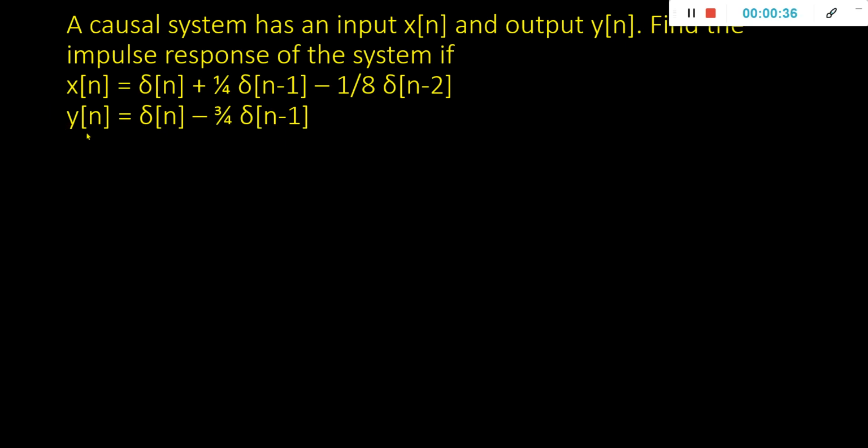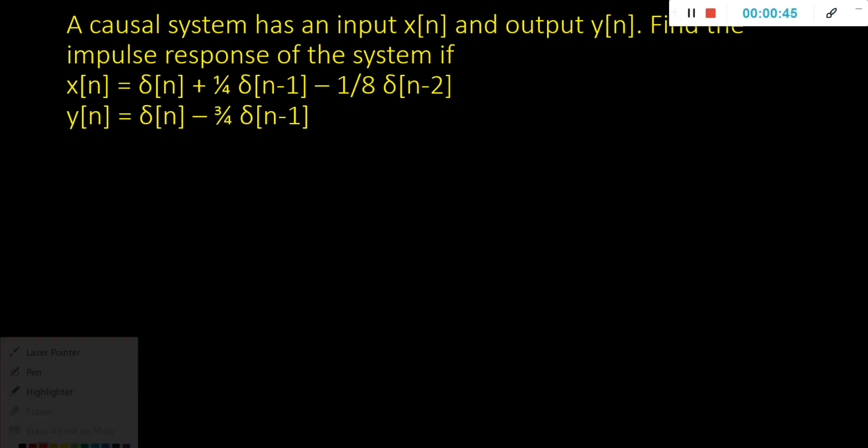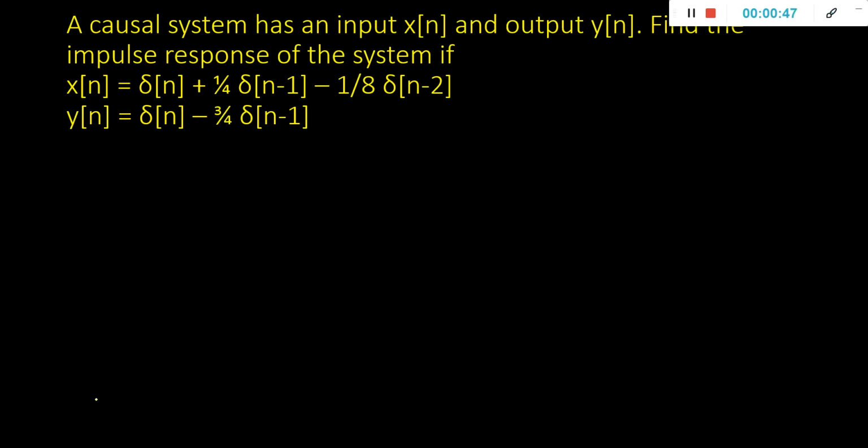Now, the idea is as follows. Since I'm supposed to find the impulse response, it is given by h of n. So I'm going to select the pen color here and get started. So h of n is going to indicate the impulse response. Now, if I take the Z transform of x of n, I'm going to get x of z. Z transform of y of n gets me y of z.